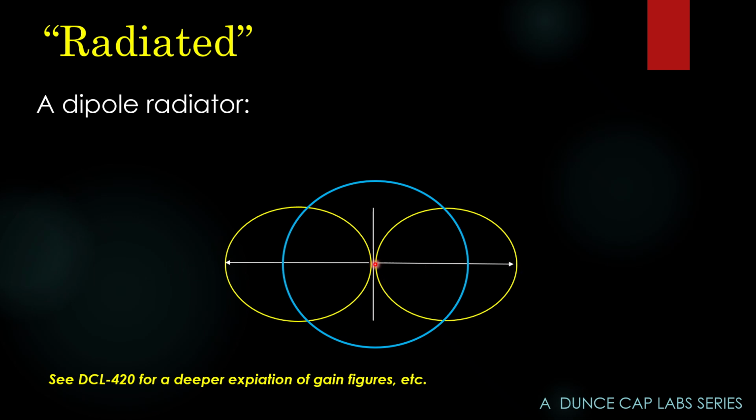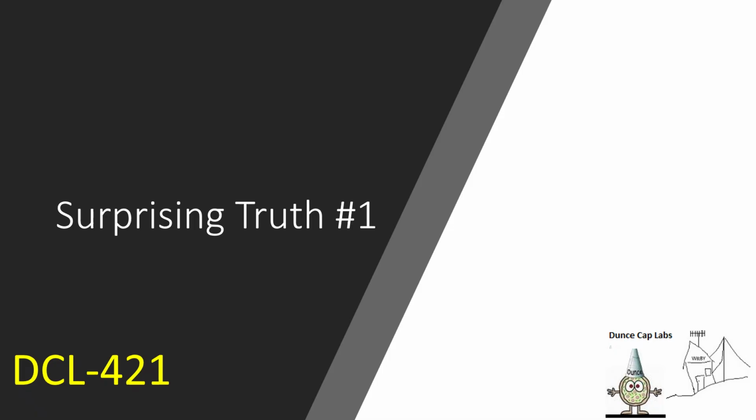Now, if you look, the difference between the isotropic radiation field and the dipole radiation field is this much longer. That represents 2.15 dB of gain. So we say that the dipole has 2.15 dB of gain over isotropic. Now, the dipole's not inventing energy. It's just using the energy better by focusing it on the horizon. This might just lead us to a conclusion.